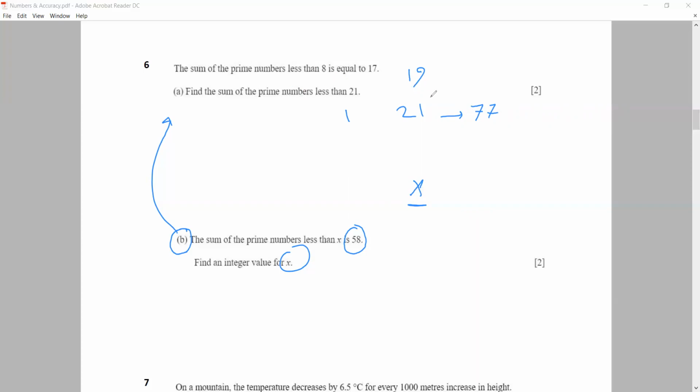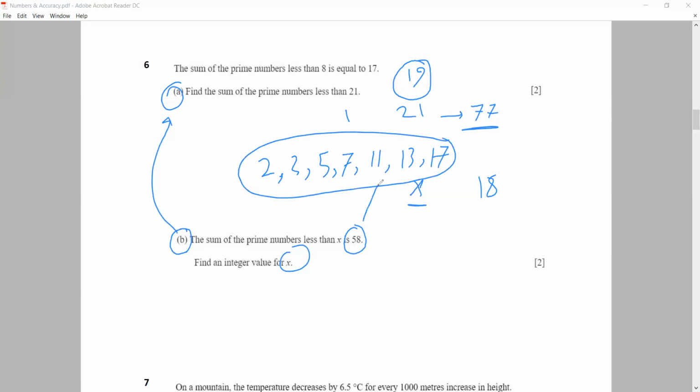So it means x should be less than 19, right? Because if x is greater than 19, and you include 19, then from part A, the sum of the prime numbers is going to be 77. So x should be less than 19, which is 18. So basically, if you add these numbers, 2, 3, 5, 7, 11, 13, 17, you should get 58.